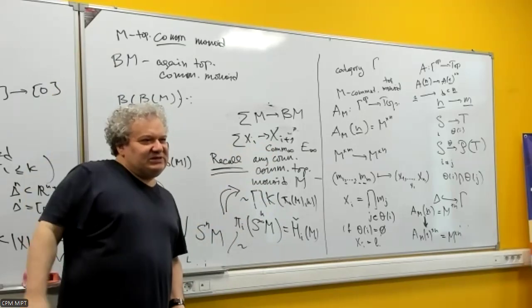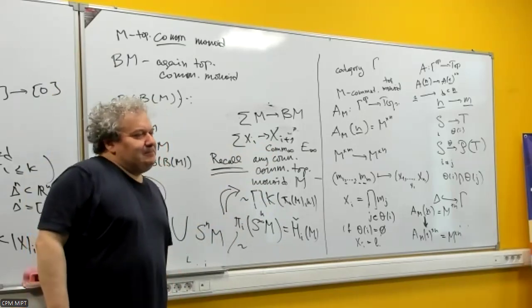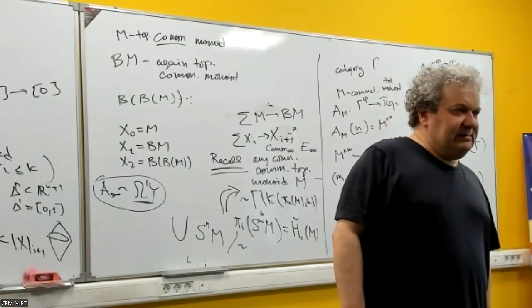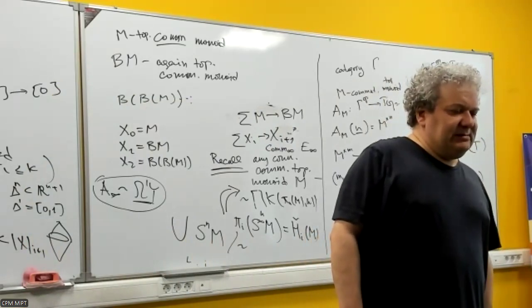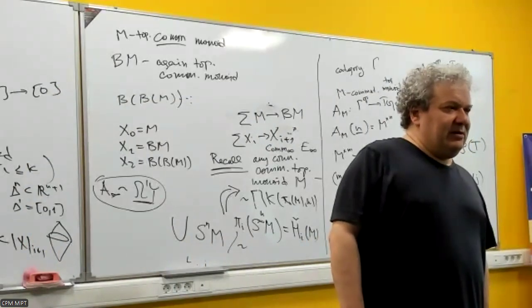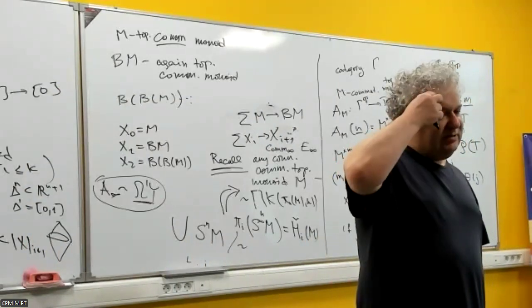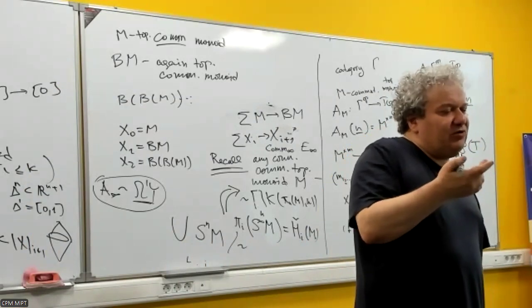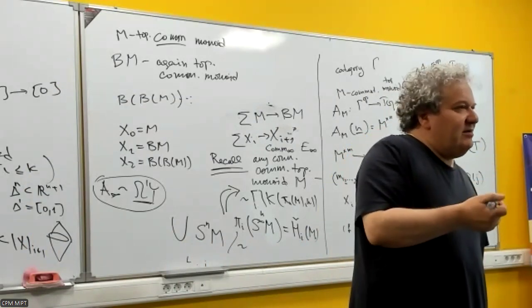It's a topological monoid, but commutative only homotopically.